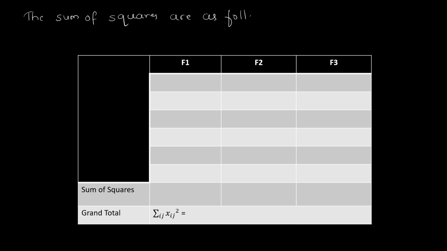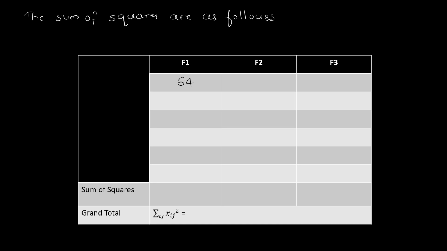So what we need to do now is square each value and then add. For F1, the first value we had was 8, so its square is 64.